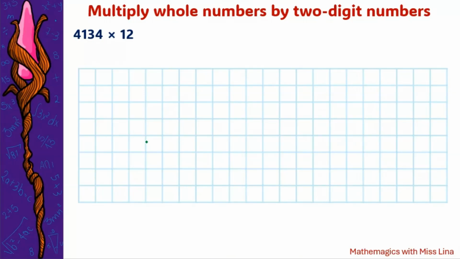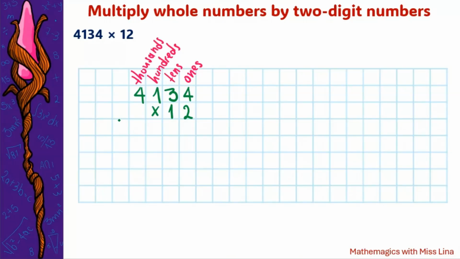Let's see what happens when you have two digits. You organize the numbers in a similar way, but remember we have space for each place value. Since the 12 has 1 in the position of the tens and 2 in the position of the ones, that's how you need to put it.